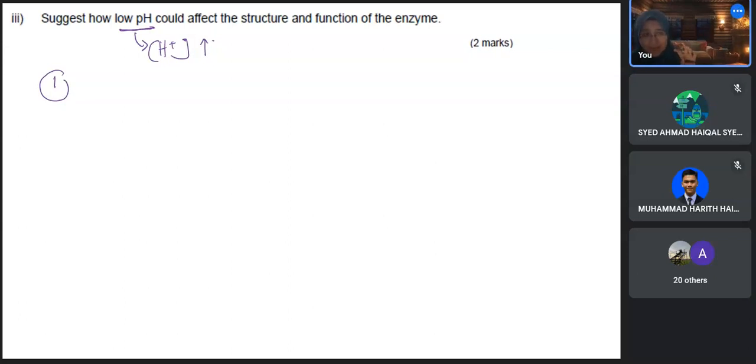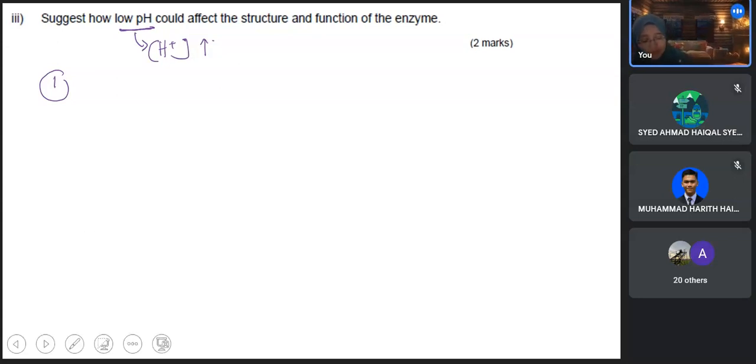Because the high concentration of hydrogen ions alters the ionic charges on the active site of the enzyme, and causes the enzyme to be denatured or dysfunctional, due to the breaking of hydrogen bonds or ionic bonds in the active site.